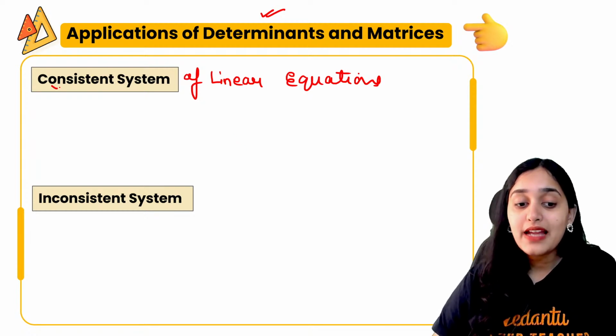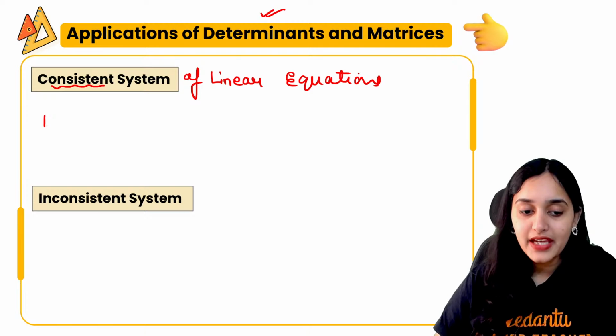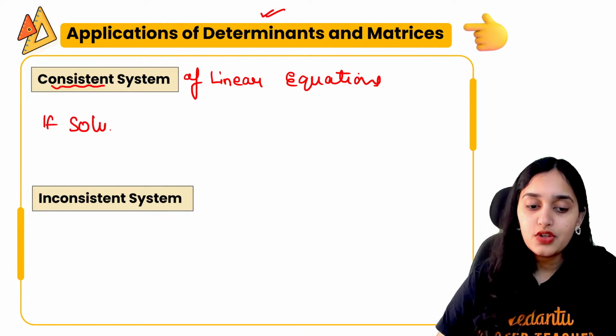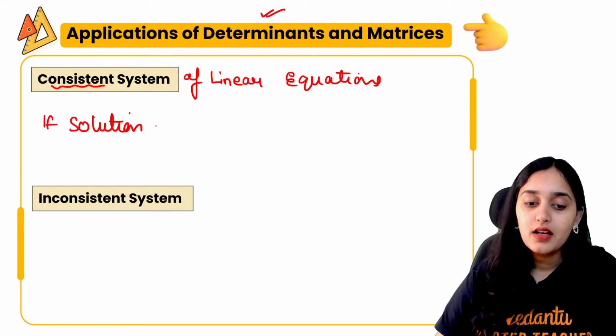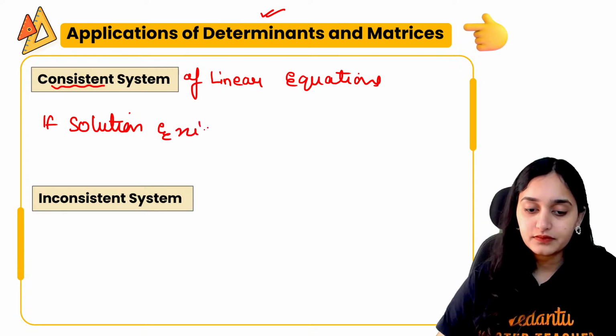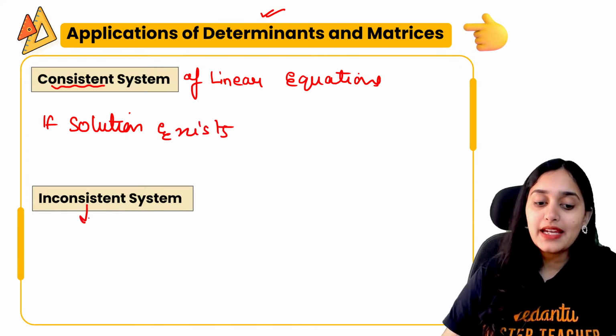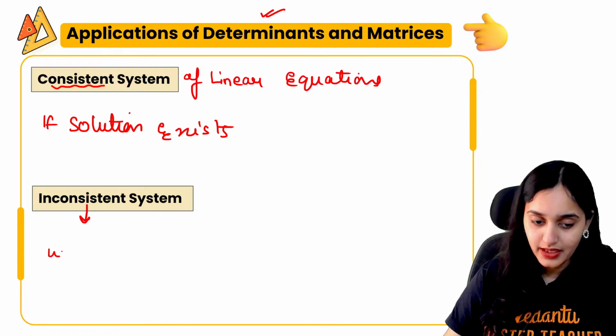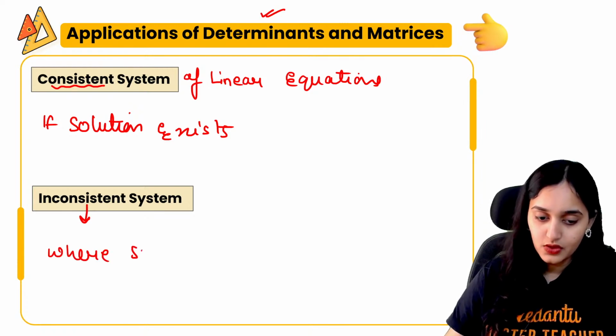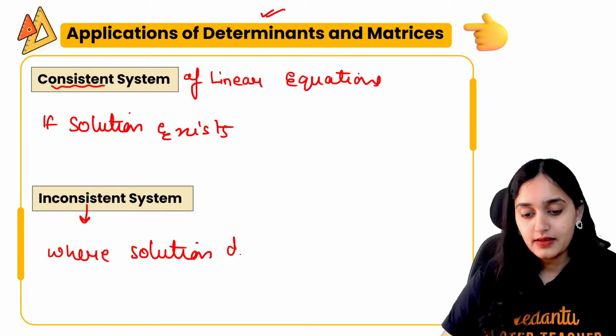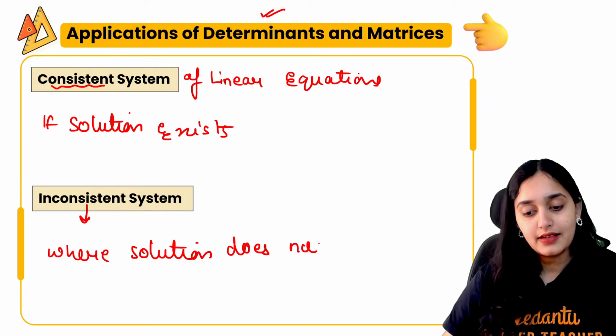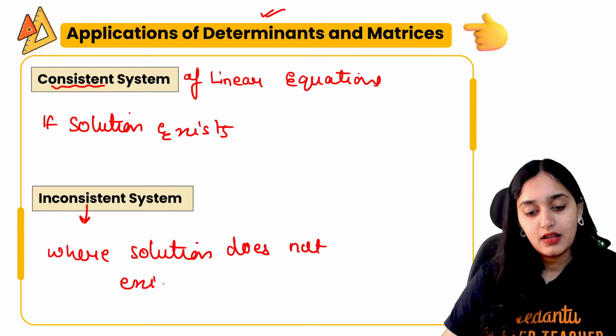Now, what do we understand by consistent system? If solution exists. And what are inconsistent systems? Where solution does not exist or is infinite.